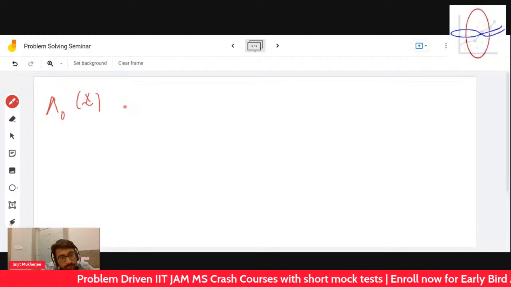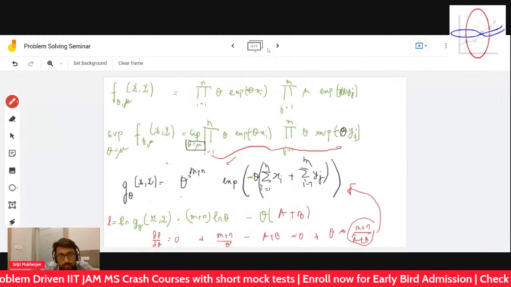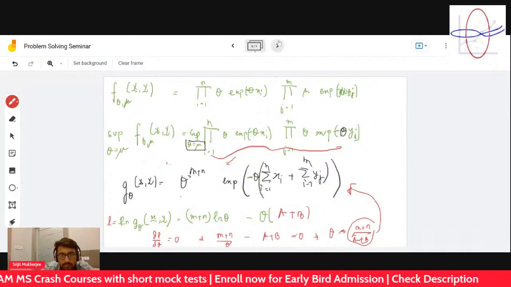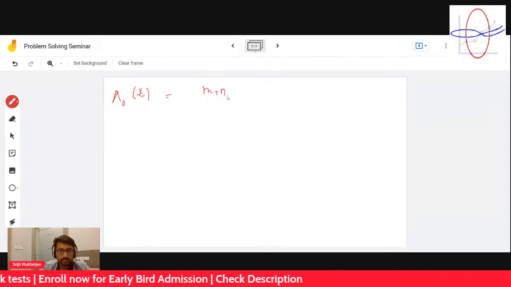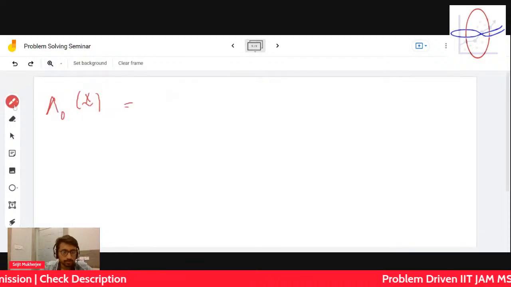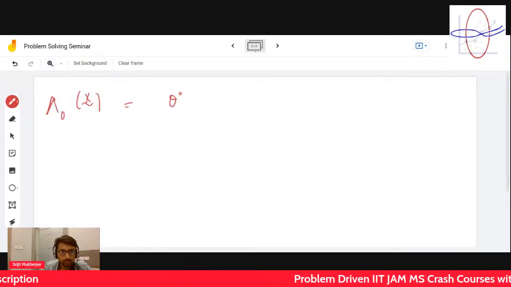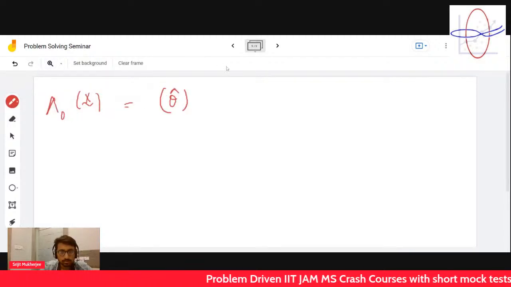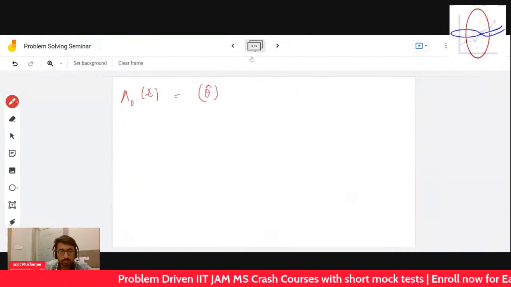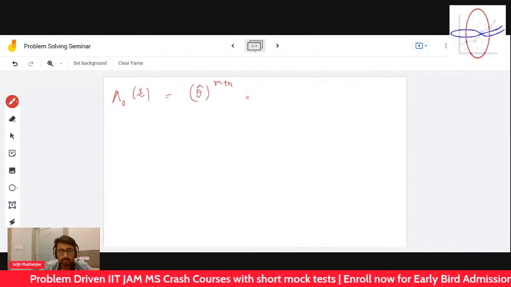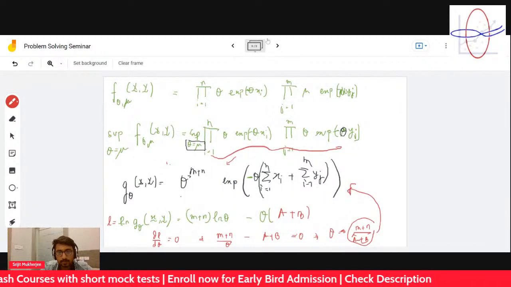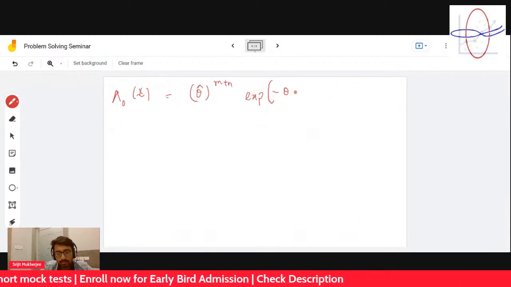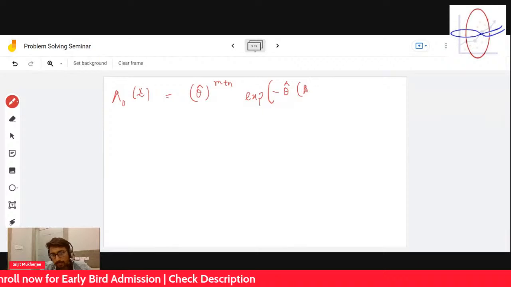So we put that back. That is theta hat, that is m plus n by a plus b. Let's write down theta hat only. M plus n, exponential. Observe that it's exponential minus theta hat again, a plus b.